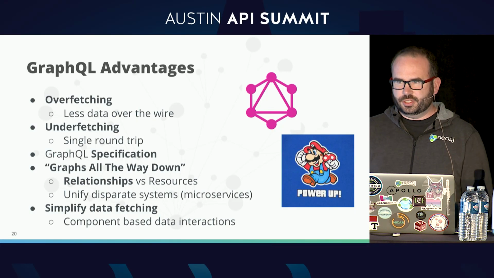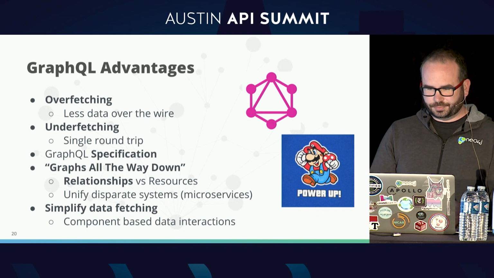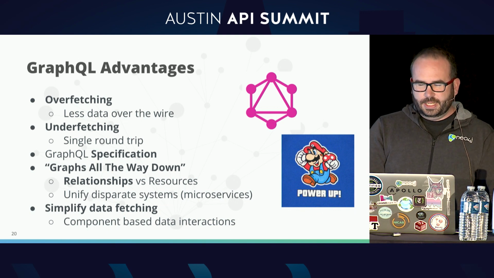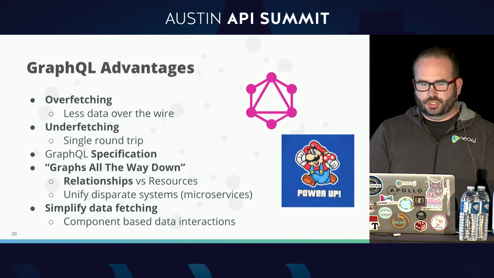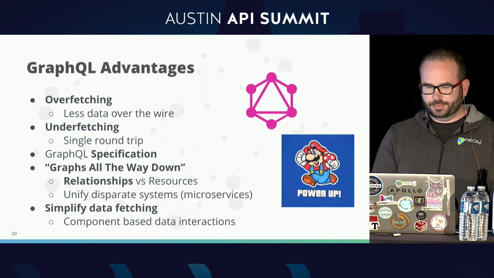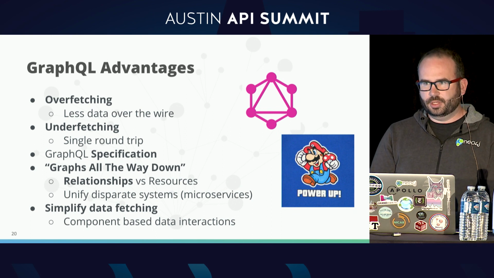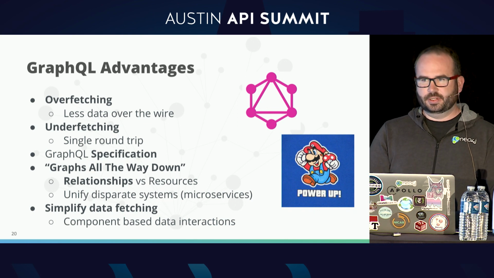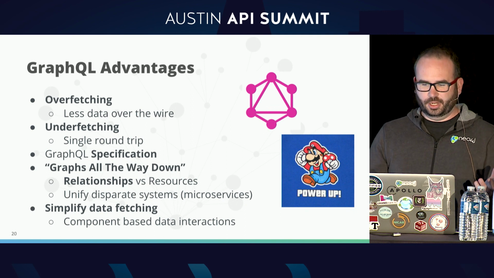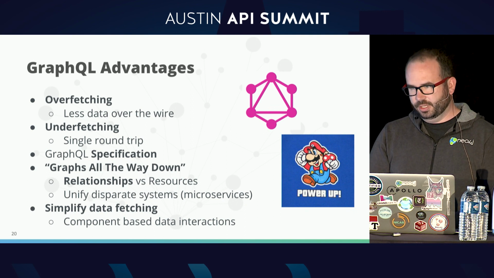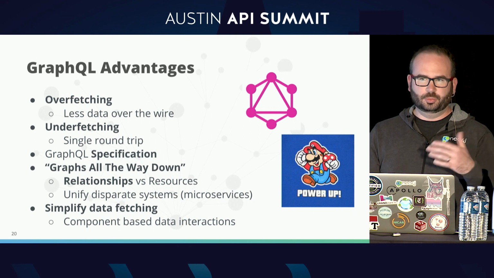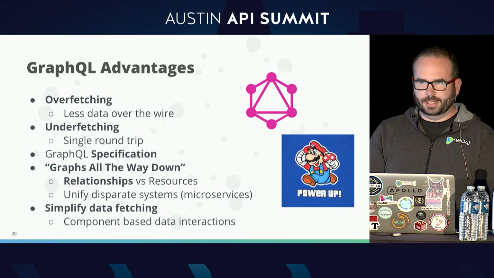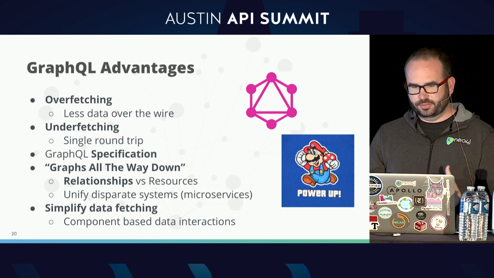So what are some advantages of GraphQL? Well, one is addressing this issue of overfetching. So with GraphQL, we can specify exactly the fields that are relevant for the client. So let's say we're rendering a view of, I don't know, maybe a summary of blog posts, and we're only showing a short description and the title field.